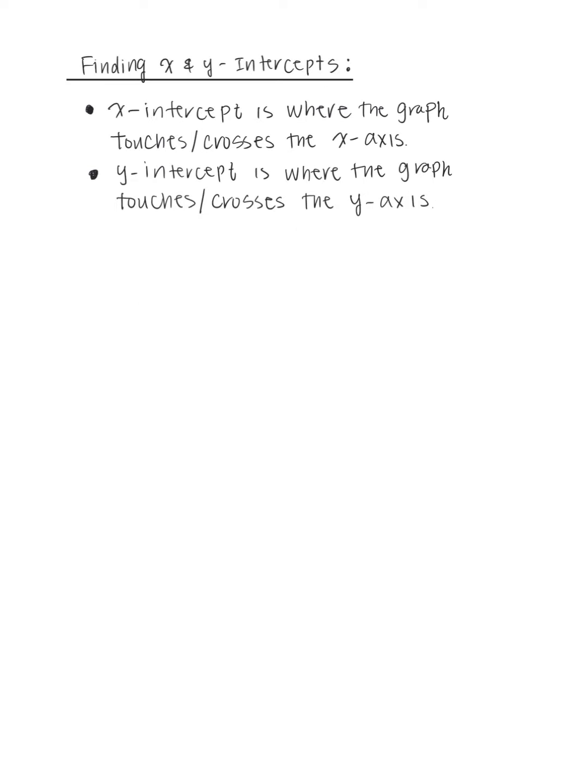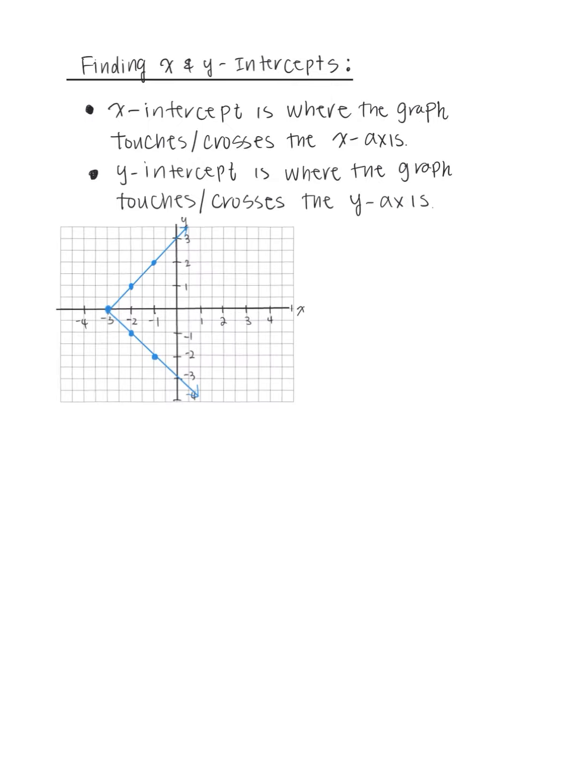We're going to talk about finding the x- and y-intercepts. So what are they? The x-intercept is where the graph touches or crosses the x-axis. And the y-intercept is where the graph touches or crosses the y-axis. So looking at the graph from the previous example, where is the x-intercept? The x-intercept is where the graph touches or crosses the x-axis.